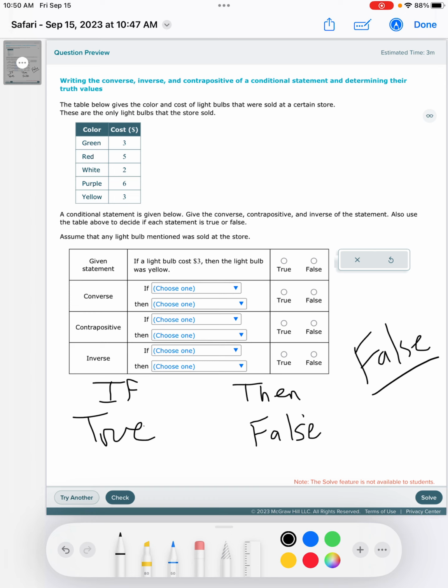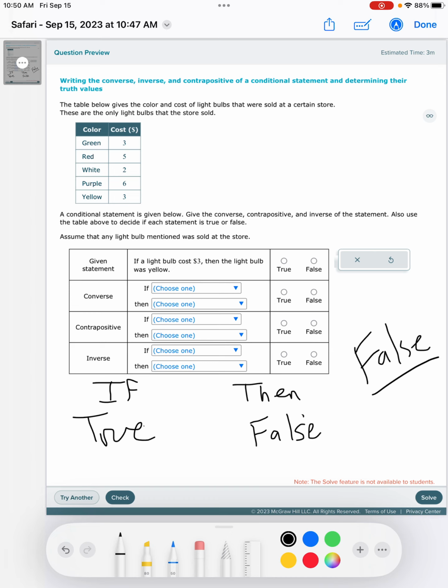But if I do hit the condition, like in our problem it says if a light bulb costs $3, but then the light bulb was not yellow, well then your statement would definitely be false. Because I said the beginning part happened, but the second part did not happen. If someone told me that statement, but the second part wasn't true, that would be very, very, very false.